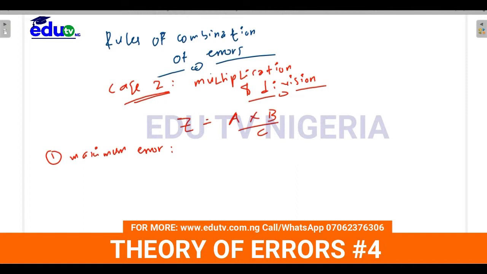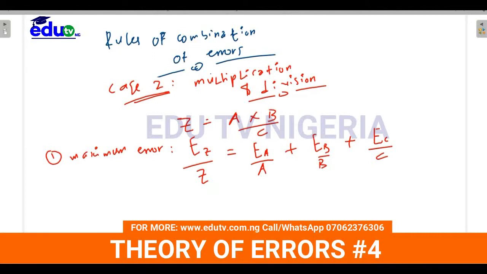So for maximum error, we have error in z over z equals error in a over a plus error in b over b plus error in c over c.